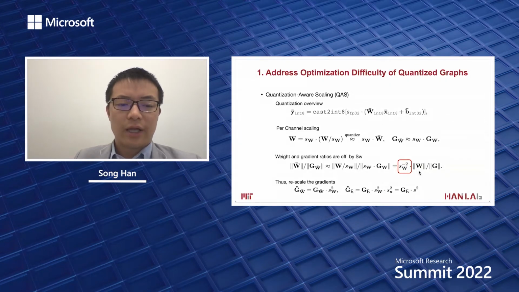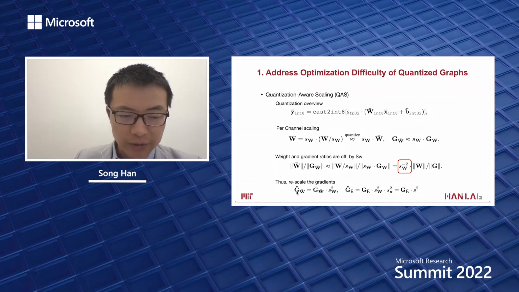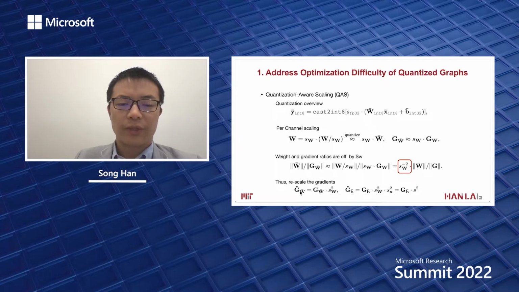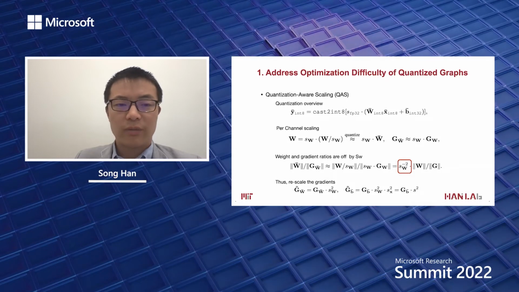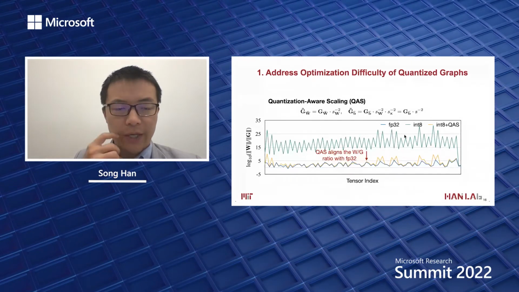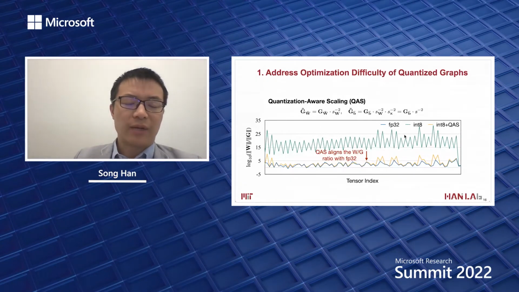Therefore, we want to rescale the gradients. This GW hat, we rescale by SW to the power of 2 to offset the SW to the power of minus 2. For GB, similarly, we want to scale it by the same scaling factor. So what about the new ratio between W over G after applying such a scaling factor to factor away the scaling factor?